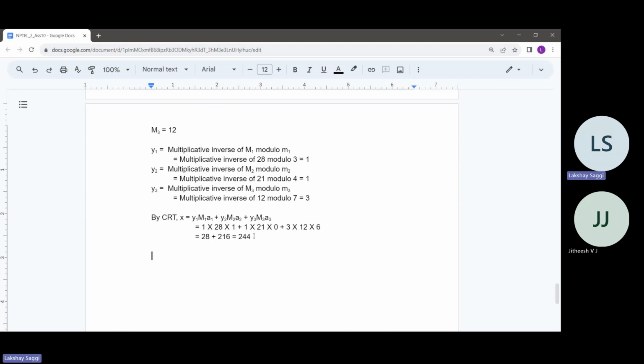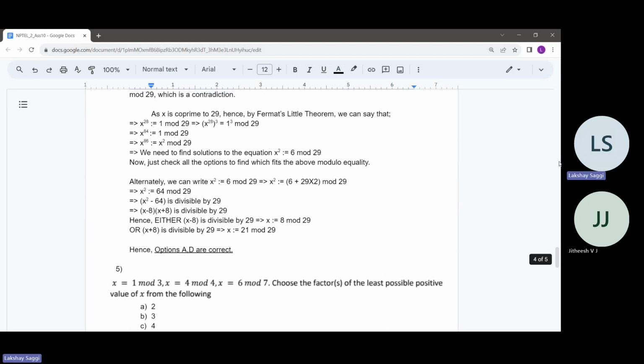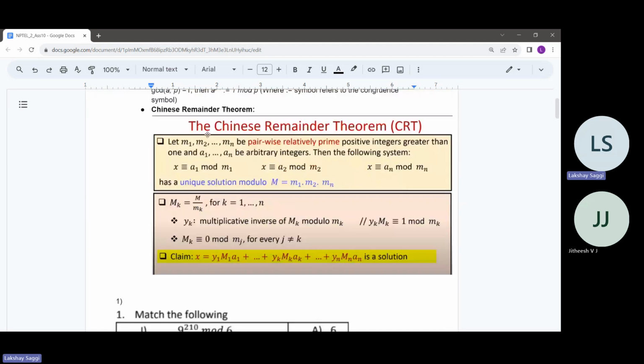So what I just want to point out is, in this Chinese remainder theorem, this x equal to y1 M1 a1 till yn Mn an is one of the solutions. Note that there will be infinitely many solutions, because to this value of x, if we add any multiple of capital M, which is m1 times m2 times mn, then that will also be a solution to all of these equalities.